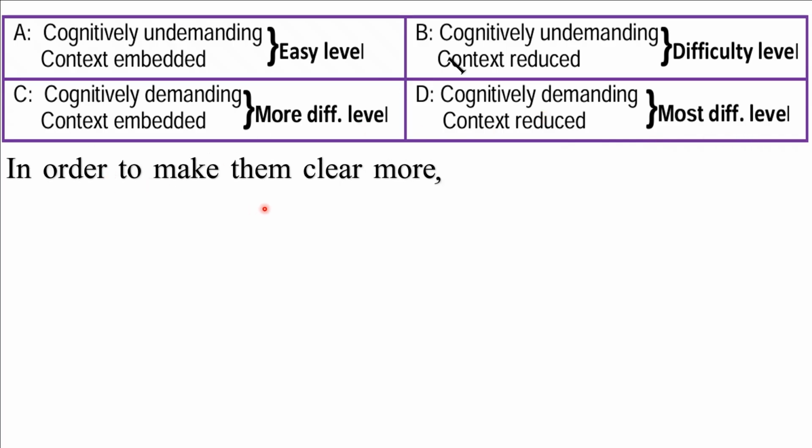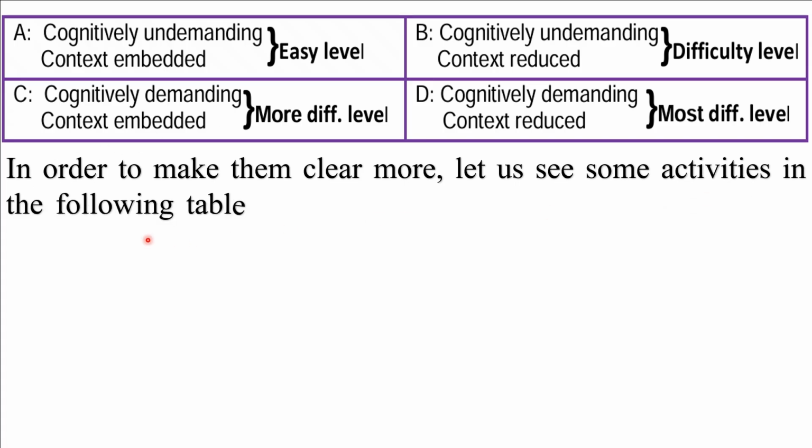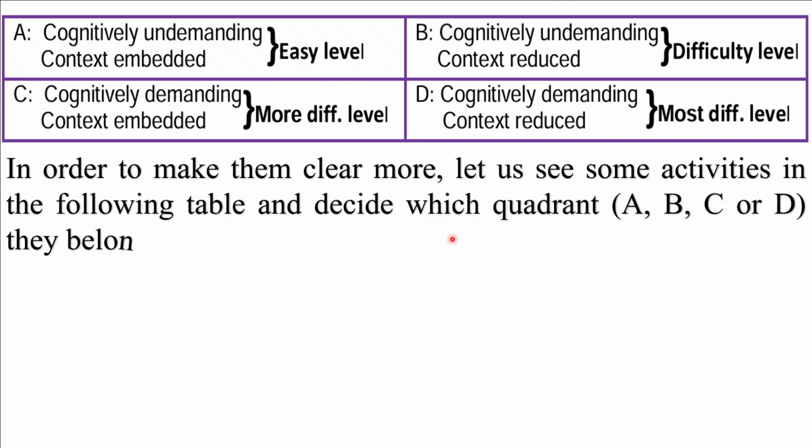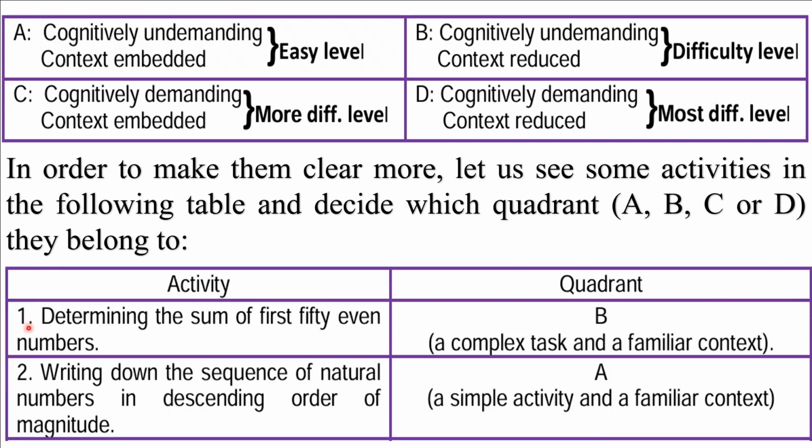In order to make them clearer, let us see some activities in the following table and decide which quadrant A, B, C or D they belong to. Activity 1. Determining the sum of the first 50 even numbers. Quadrant B. A complex task and a familiar context. 2. Writing down the sequence of natural numbers in descending order of magnitude.